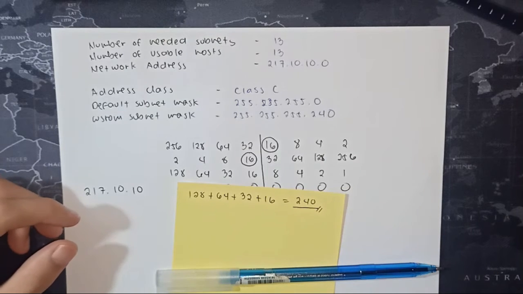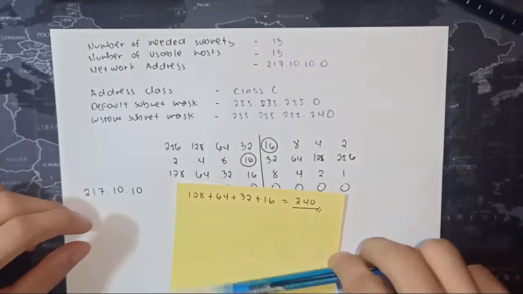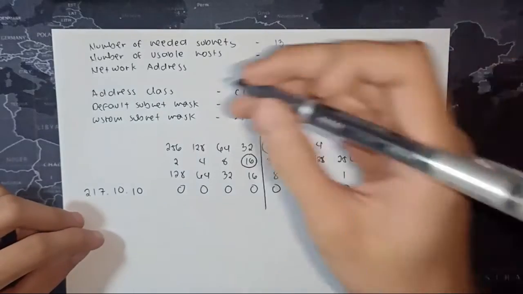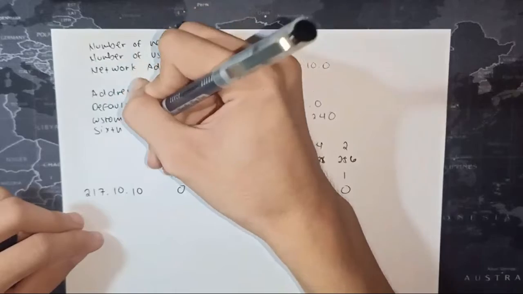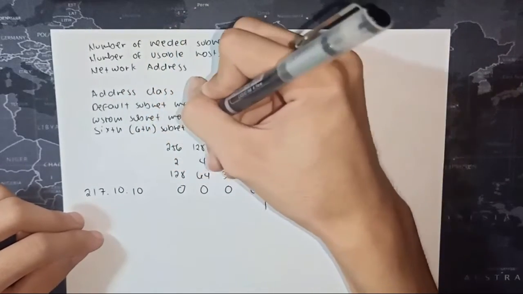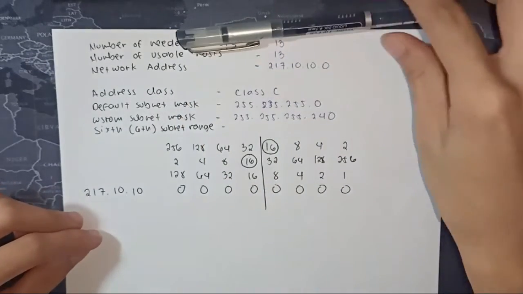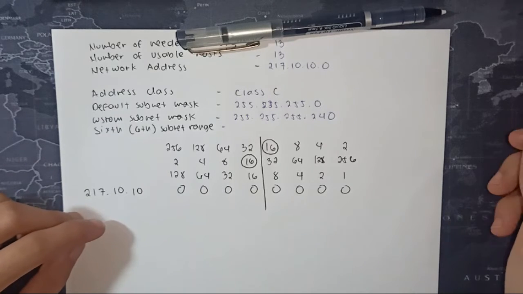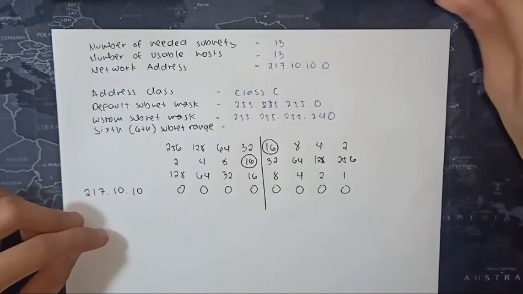So now, the next thing we're gonna do is to get the 6th subnet range. Let's just insert it here. So, in getting the subnet range, we're going to apply the pattern in rules of addition of the binary and bits borrowed.